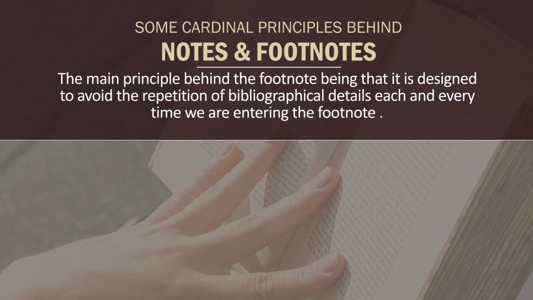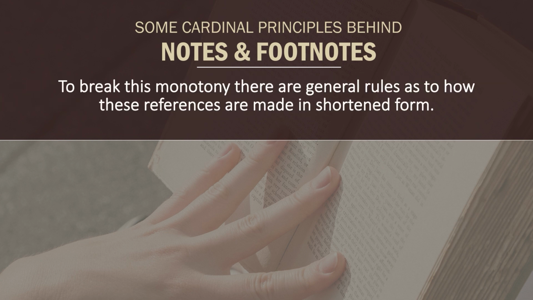So, footnotes and notes, as you have seen, are designed to avoid the repetition of bibliographical details each and every time that we are entering the footnote. To break this monotony, there are general rules as to how these references are made in shortened form.